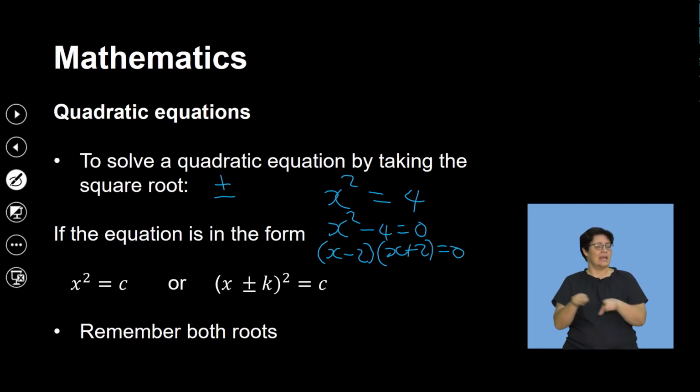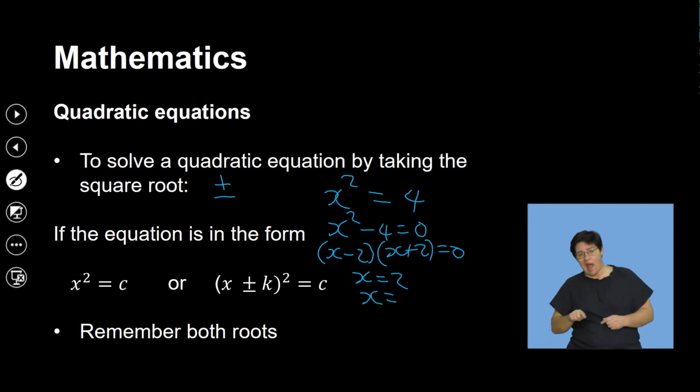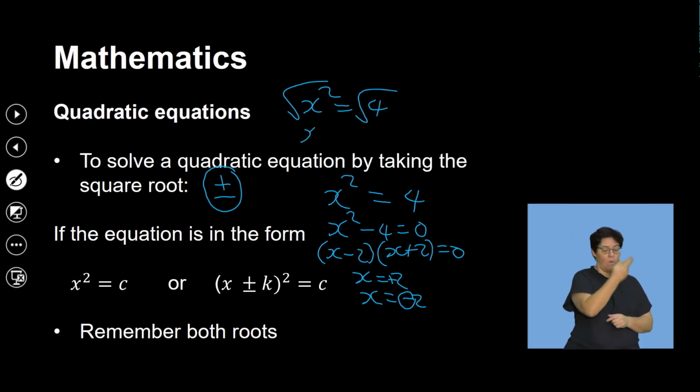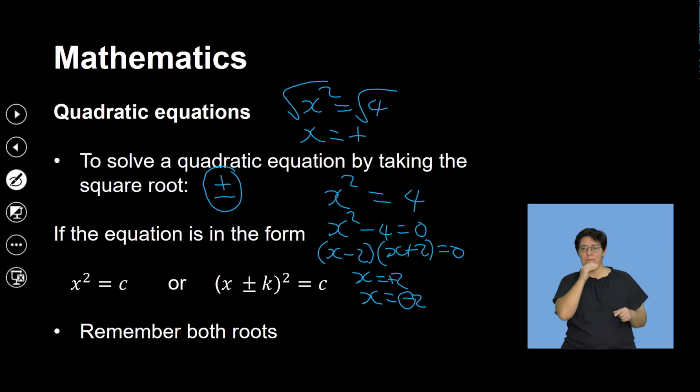Then you can see one x will be a positive 2, the other x will be a negative 2. What am I saying? There's a plus there, there's a minus there. Hence, it's always plus or minus. So if I just say x squared equals 4 and I decide to take a square root on both sides, this will be the same as x equals plus or minus 2.